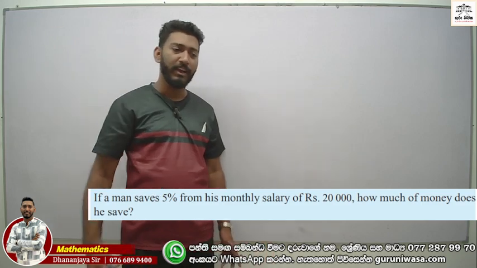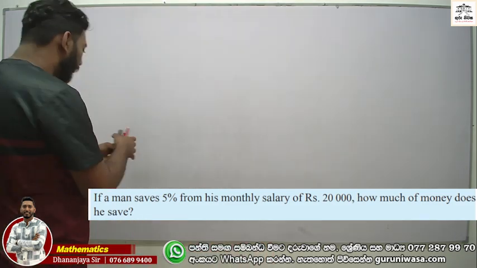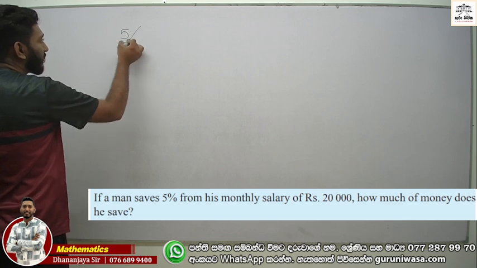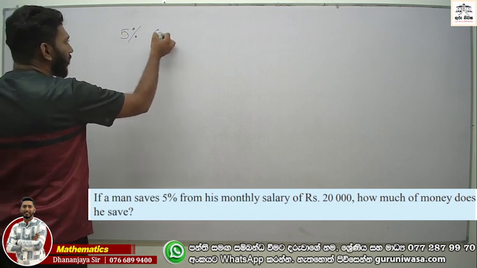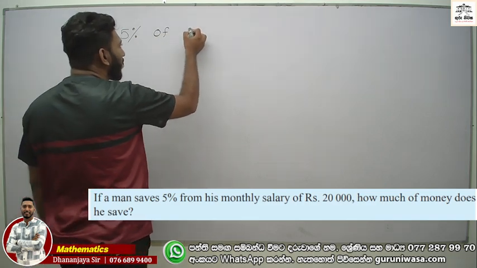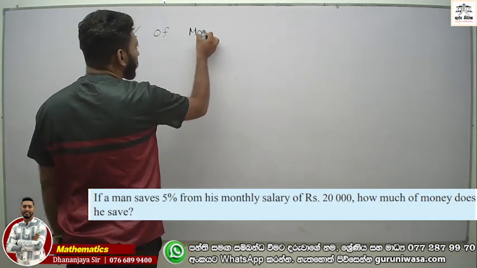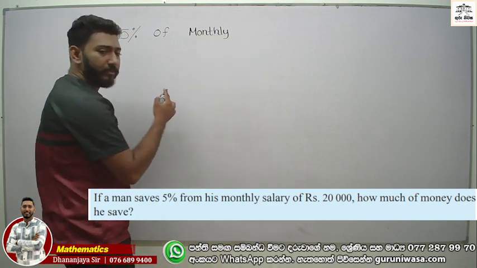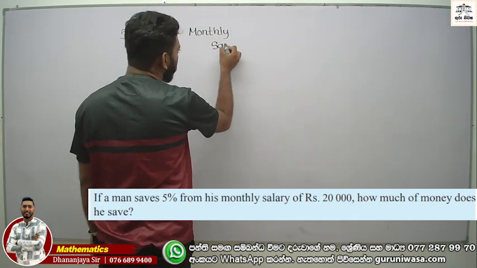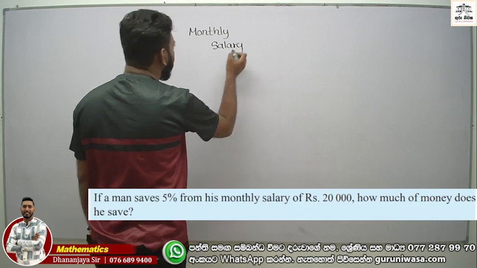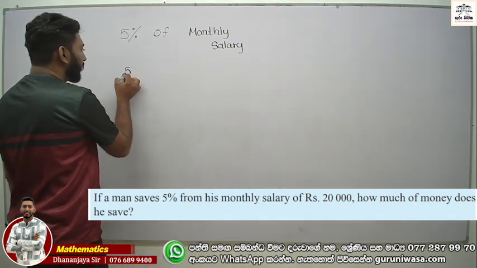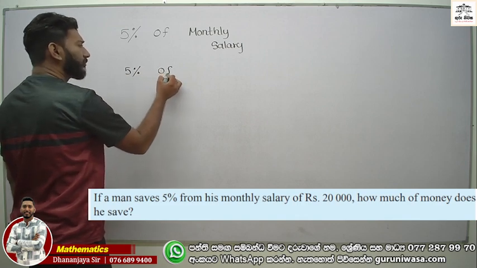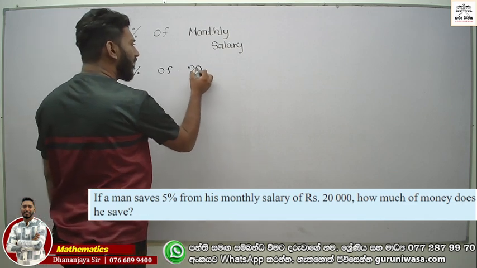Now, how much money does he save? That's a very easy thing. You can write 5% of his monthly salary, and you know his monthly salary is 20,000. Therefore, 5% of 20,000 rupees.